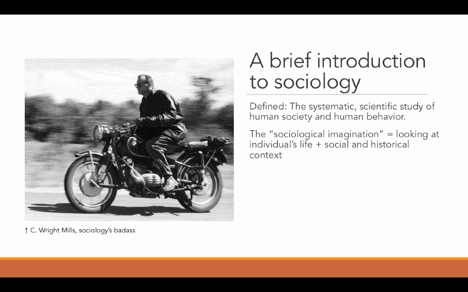He gives a couple of examples that you should be familiar with from the reading. He talks about unemployment, right? A private trouble would be one person loses their job, but the public issue is when the economy changes in such a way that many people lose their jobs and have a hard time finding a new job.